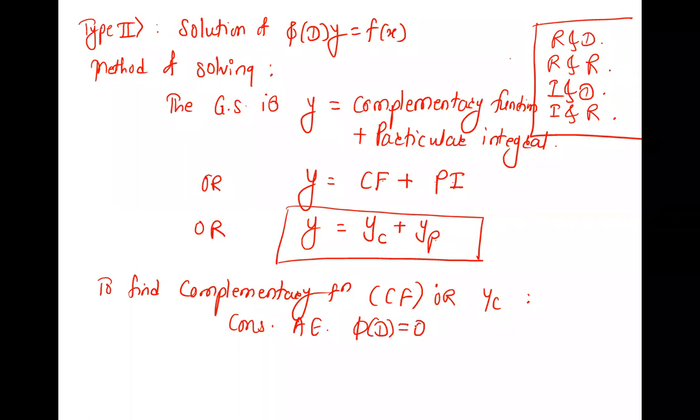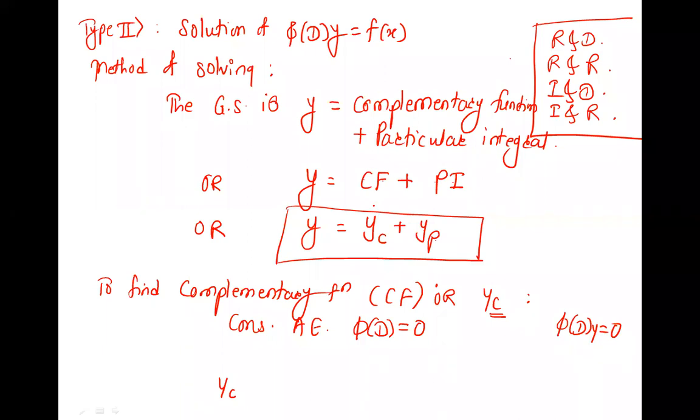Whatever we did to solve phi(D)y is equal to 0, that itself repeats here, and whatever is the solution will now be YC. Instead of y, it is now half part YC.